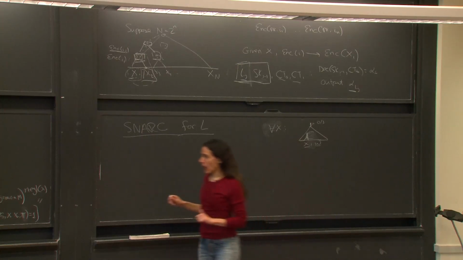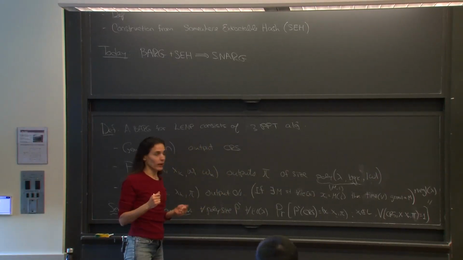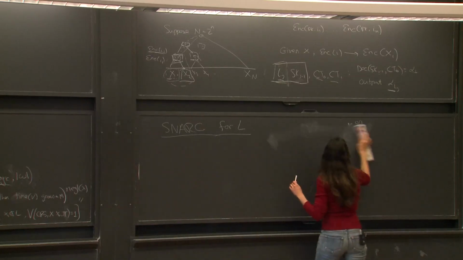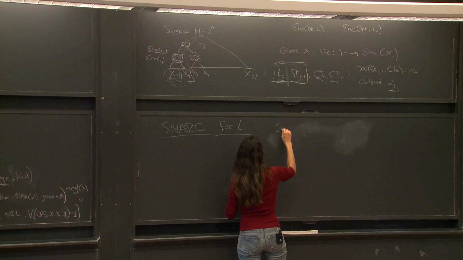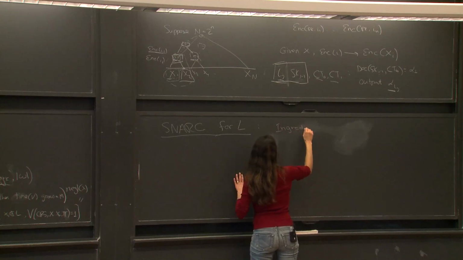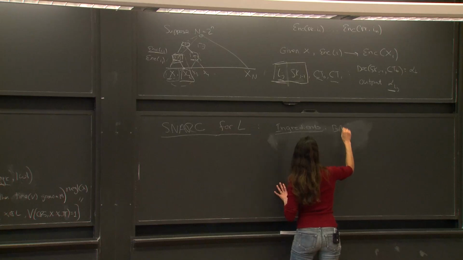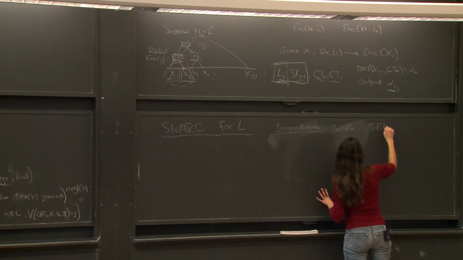So let me write this down. My ingredients for my SNARG are a BARG and some extractable hash.